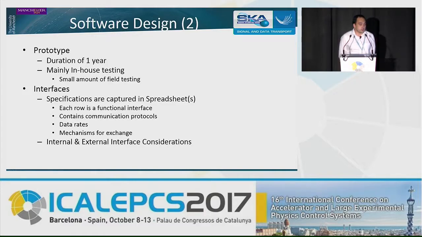So we chose to capture our interfacing information on spreadsheets. Each row of the spreadsheet constitutes a functional interface.